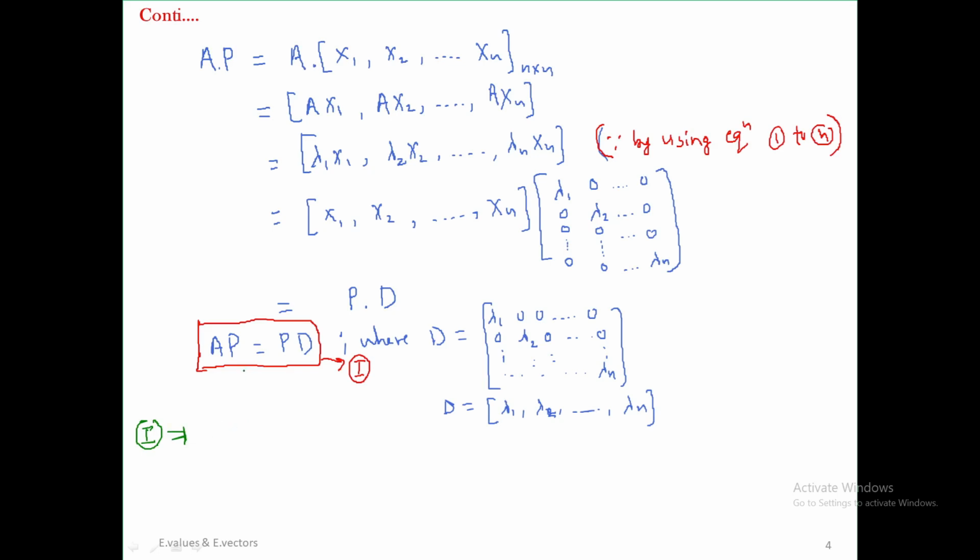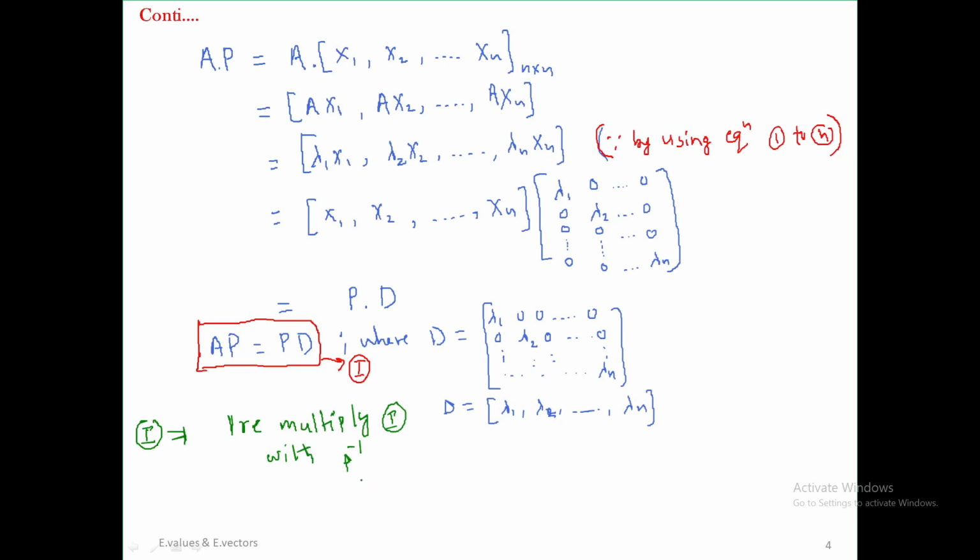From this equation, pre-multiply both sides with P inverse.